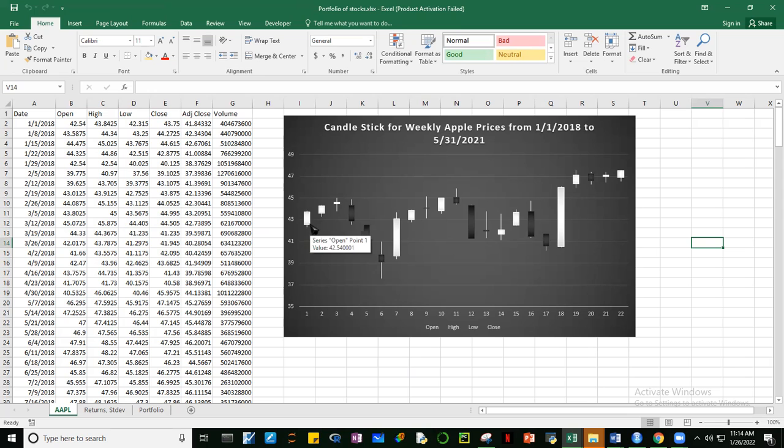A white candlestick means there was an increase in the price relative to the opening and the closing. Yung mga black naman, baliktad. Yung opening nasa taas, yung closing nasa baba. The wick there, yung WICK, guys, represents your highest and the lowest.